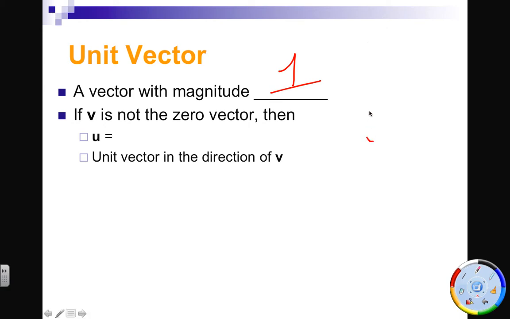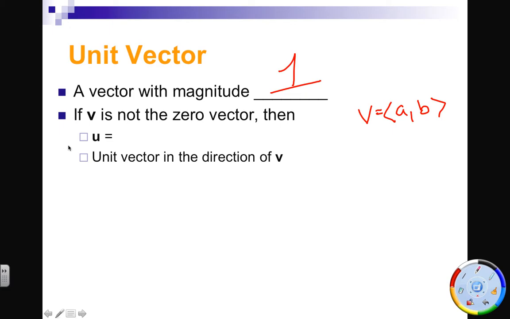So if I let v be the vector a, b, just two different numbers, it doesn't matter what they are, I could find the magnitude of this vector. Well, what I want to do is take the magnitude of this vector and make it equal to 1. So what I want to do is divide by that magnitude.